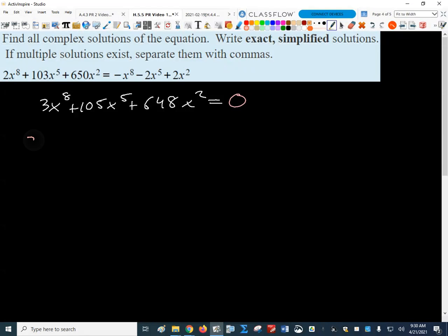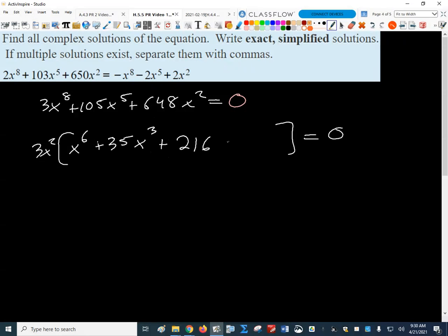So we can pull out a 3x squared, which leaves us with x to the 6th plus 35x cubed plus 216, right?